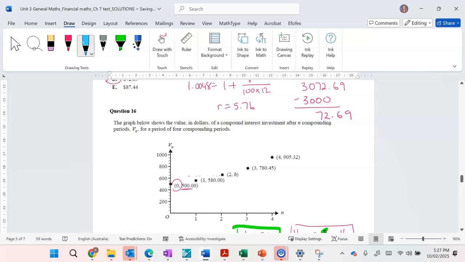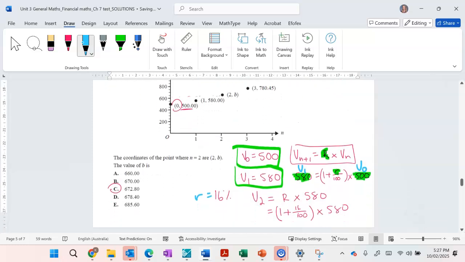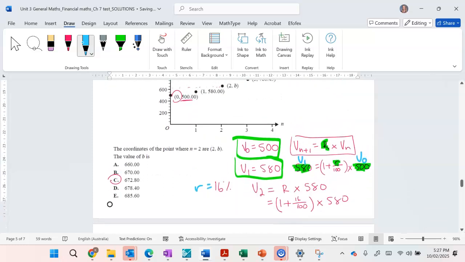So this one here, it is an investment. I'd love to have an investment that earns 16%. But anyway, so now that I've got that R value, I can just substitute it into our recurrence relation. We've got V2 here, and this is the previous value, V1. So $672.80.